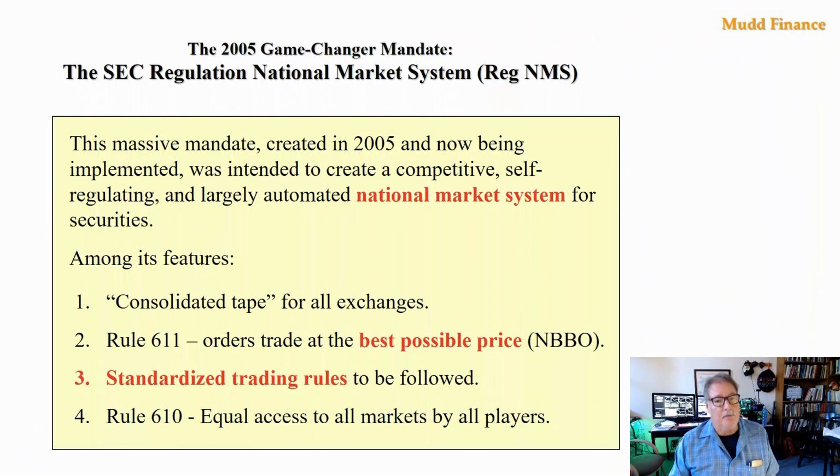And of course, the very best of the bids should become best bid for the national market, and the very best of the offers should become best ask for the market. And so the effort to set up a structure where this worked well was governed in part by Reg NMS, which stands for National Market System. And its feature was to consolidate the tape for all exchanges.